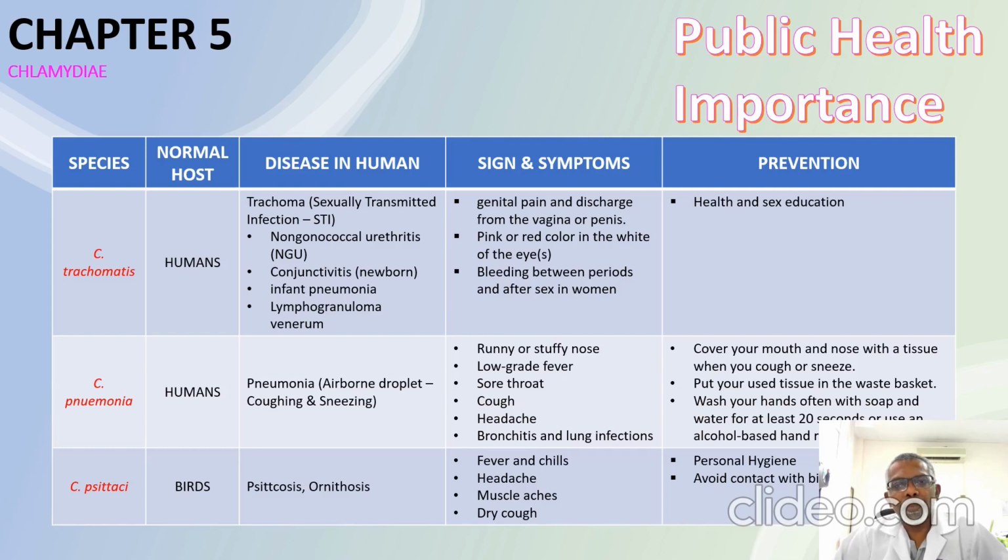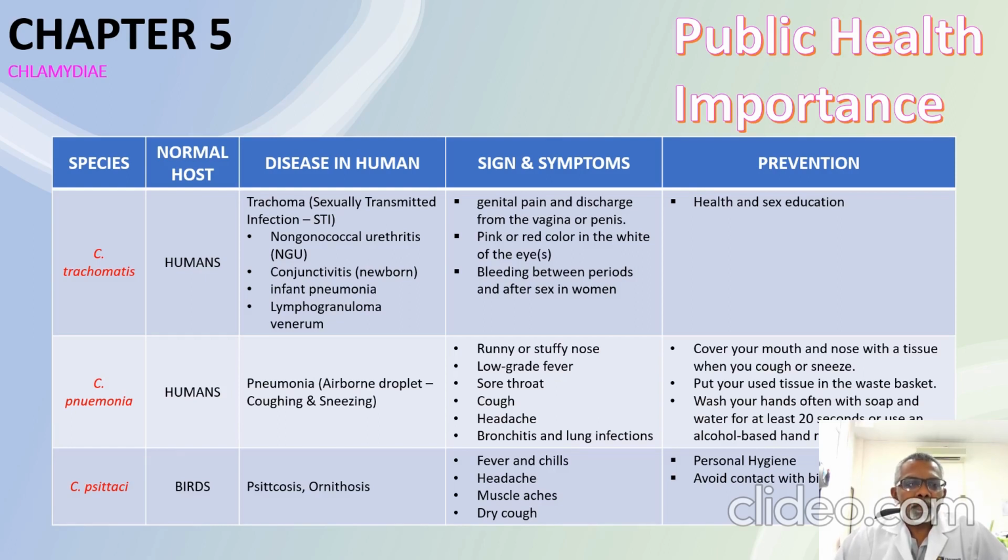The signs and symptoms basically are genital pain, redness of the eye, especially the white of the eye, and also increased bleeding between periods. Okay, to prevent these infections from Chlamydia trachomatis, we use the health and sex education approach to bring down the cases as well as to prevent recurrence of these infections.